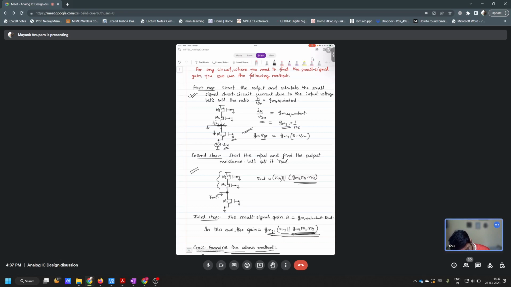So the downward flowing current is minus GM1 times V in. ISC is flowing in this direction, so it will be positive here. Those two MOSFETs are grounded, so either way VGS is zero; these two are not going to contribute. Understood. Thank you, sir.